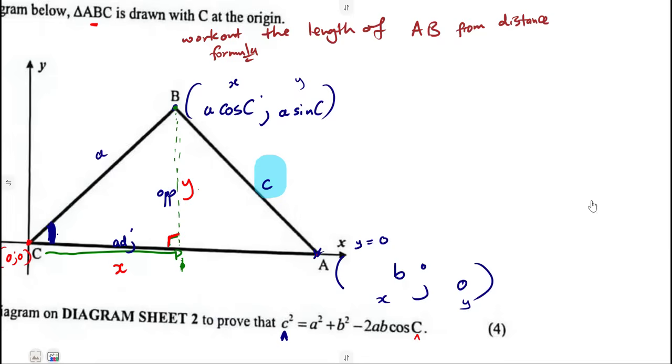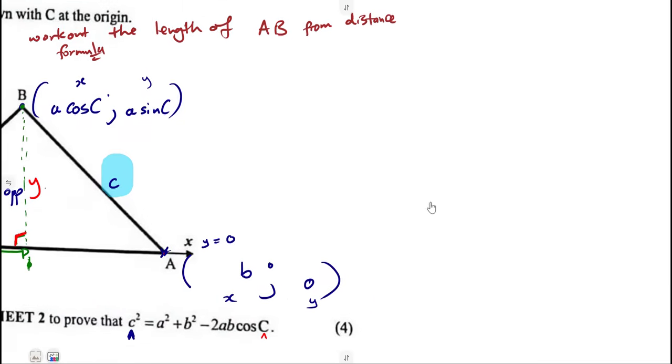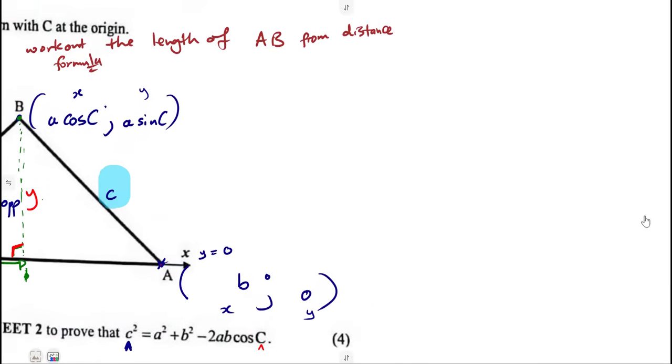So let's use our distance formula now to prove or to work this out. The distance formula states that the length of AB is equal to the square root of what? X values. If it is x1, we're going to consider the x at A minus the x at B. Or you can consider this as x1, this as x2.